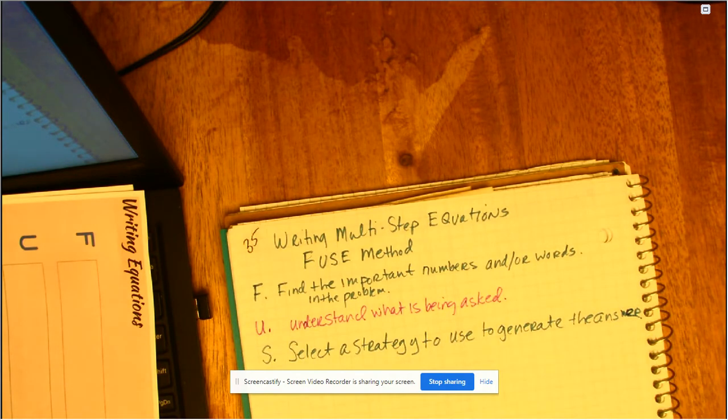And we say select a strategy because you can use FUSE for problem solving in general. We're using it specifically for writing equations. So our strategy is going to be to write the equation. And within that strategy, we're going to use kind of a bigger box method to help us organize our work.